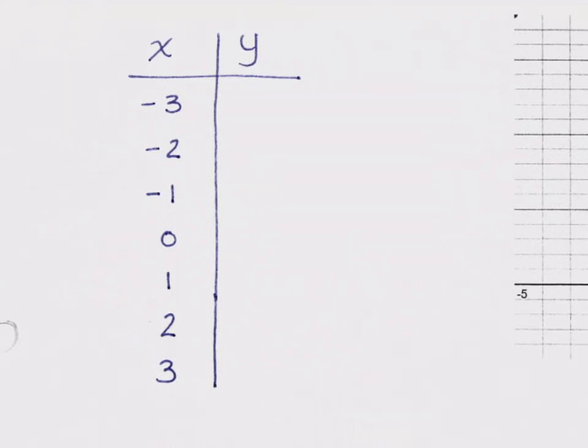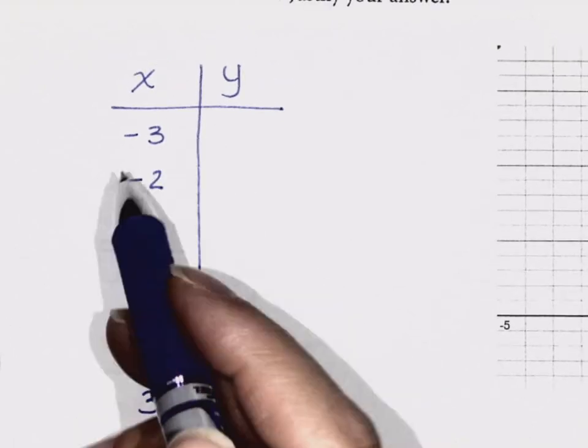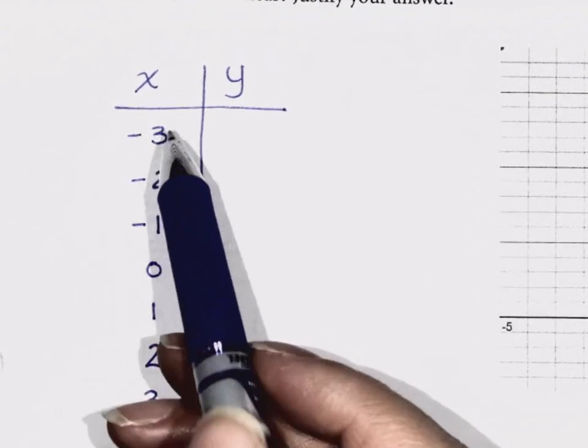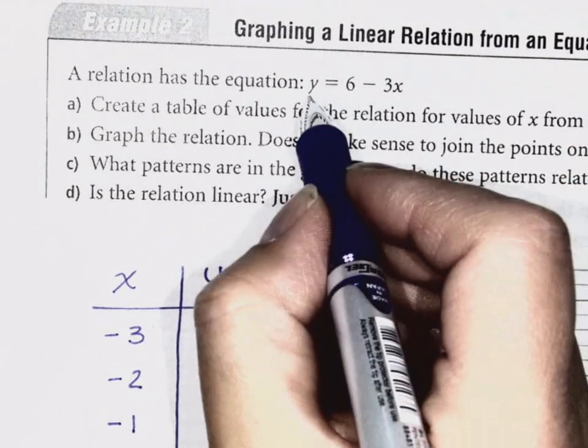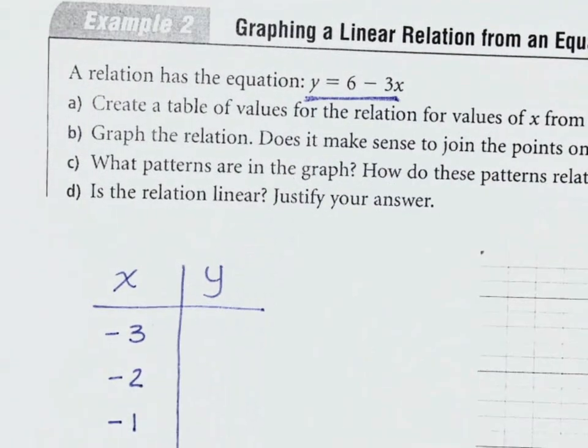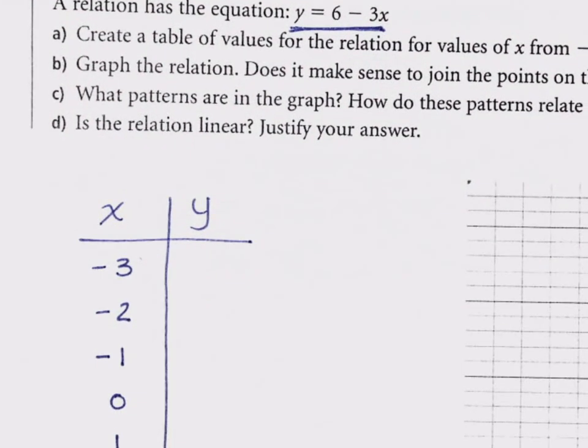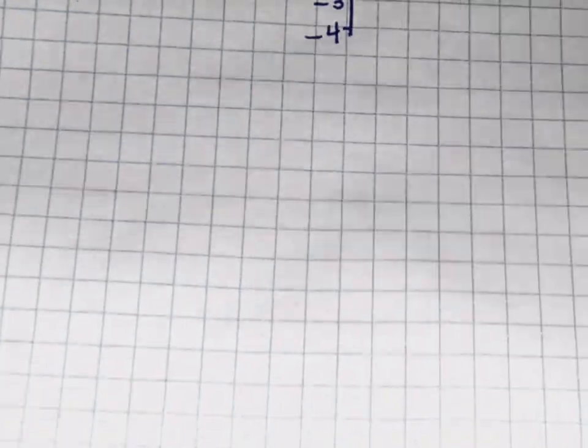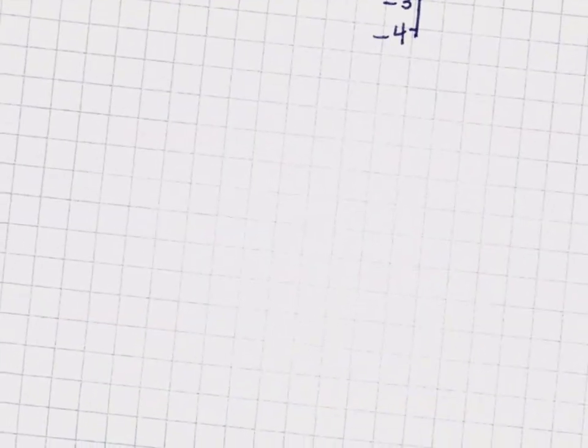All right, now we gotta calculate our y values. What we're gonna do is take our x value and substitute it into the formula that's been given. Gotta grab my formula.